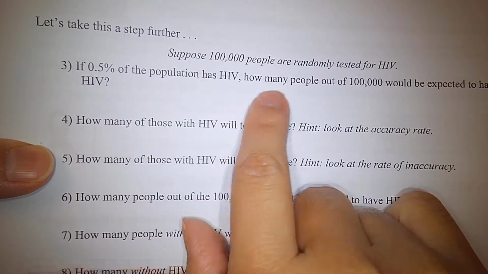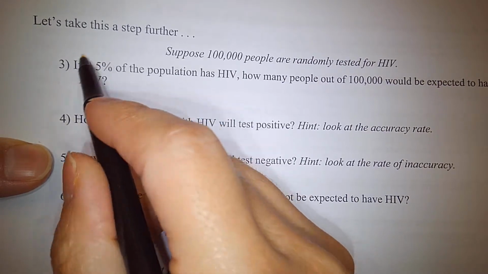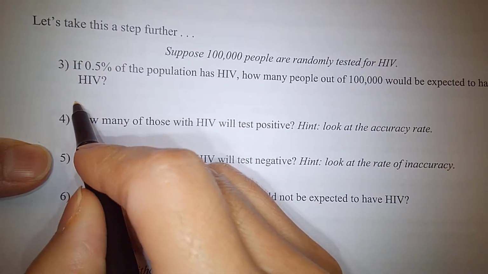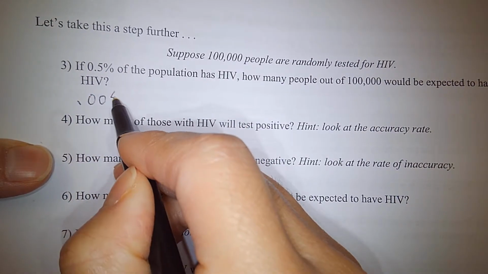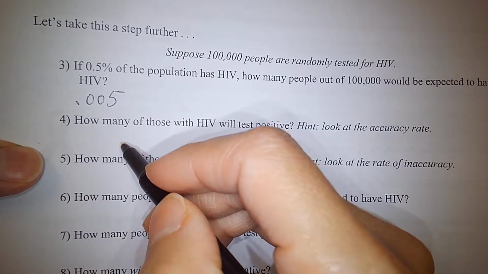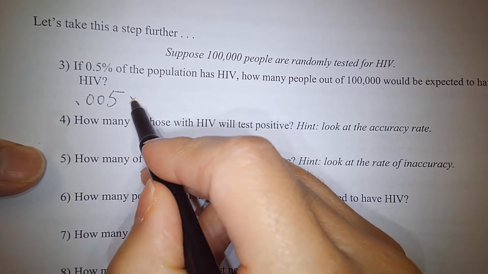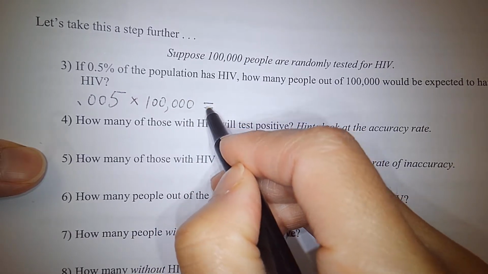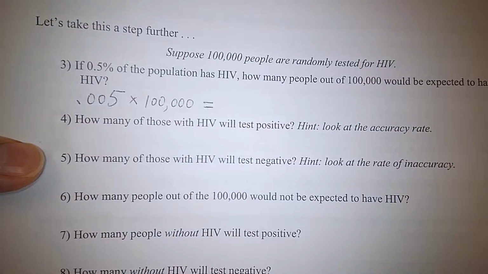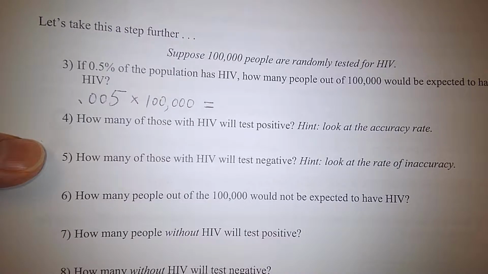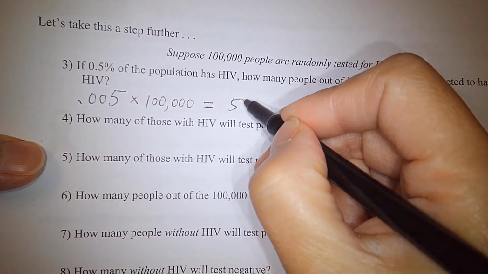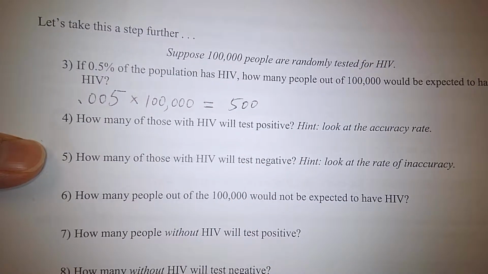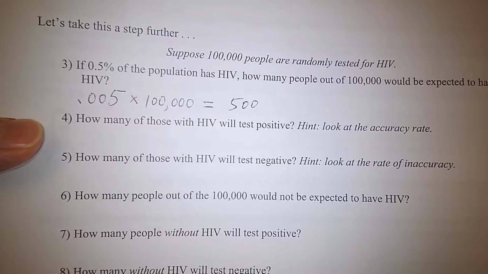What is 0.5% in decimal? 0.005, right? Times 100,000. Can you give me a result? 500 people. These 500 people are expected to have HIV.